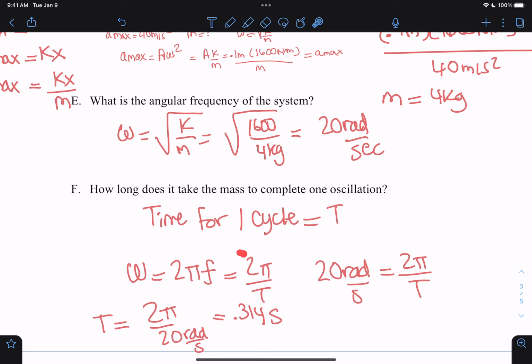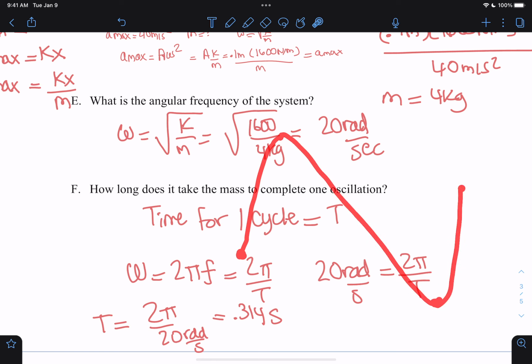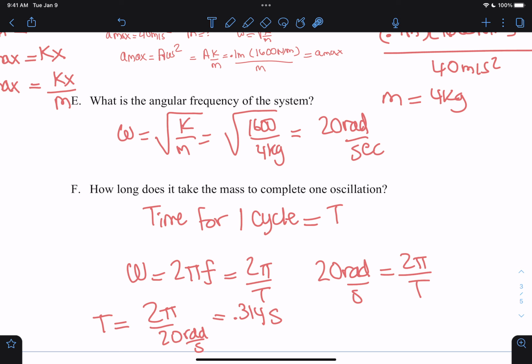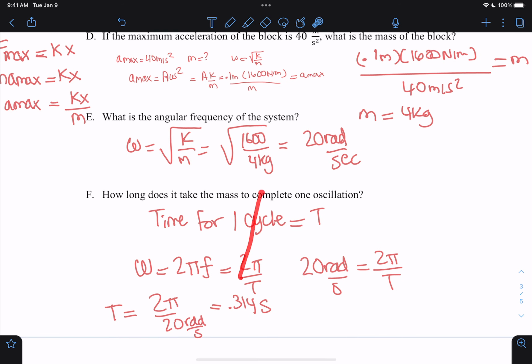Because think about it, I started from equilibrium, I come to the amplitude, I come back down to the negative amplitude, and then I come back up. So that's one whole cycle there. Does that make sense? So from equilibrium, or from the starting position, to the maximum, back down to the equilibrium, down to the minimum, that -10, and then back up to the equilibrium.